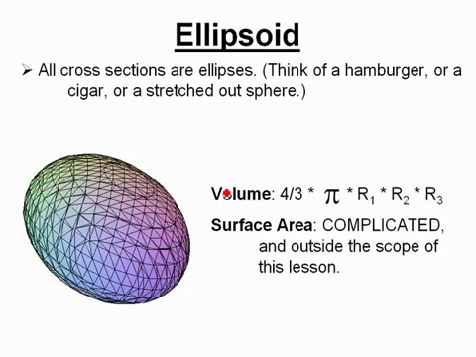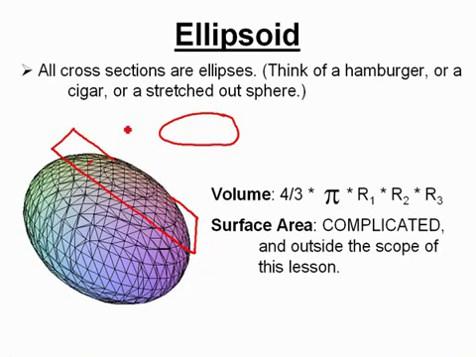Ellipsoid. An ellipsoid is defined such that all cross-sections are ellipses, also known as ovals. So say this shape. All the cross-sections, which basically means if I took a blade and cut my ellipsoid like that, the piece I'd get would be an ellipse in shape.